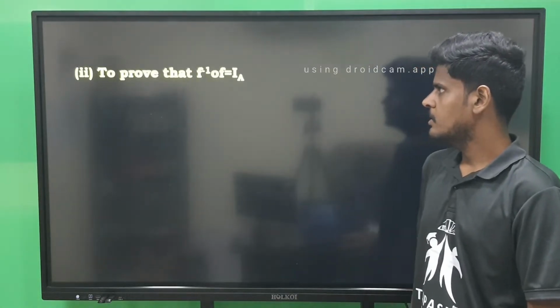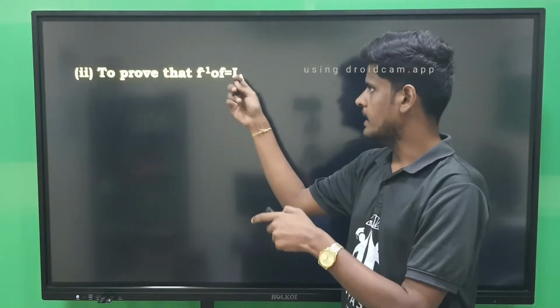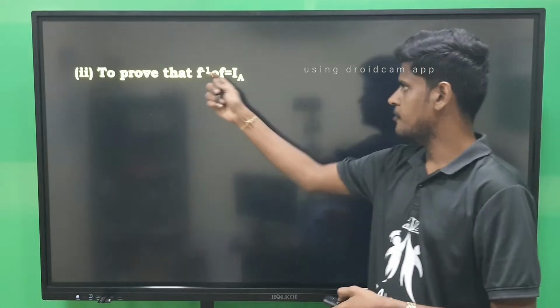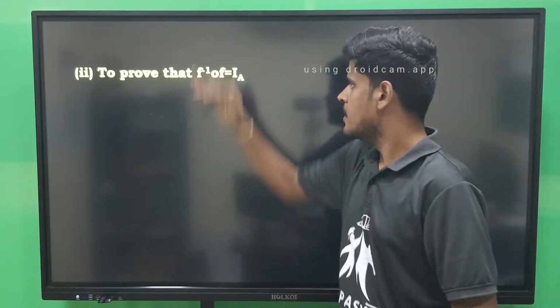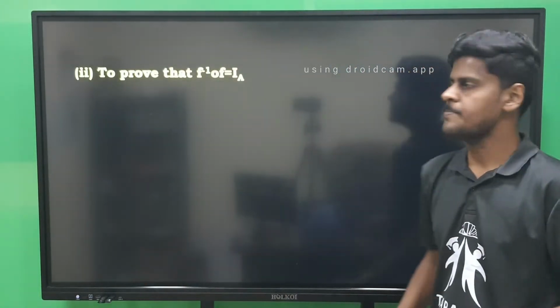Next, we should prove the other side of this theorem. That is f inverse of f equal to Ia. The proof is similar to the previous step.